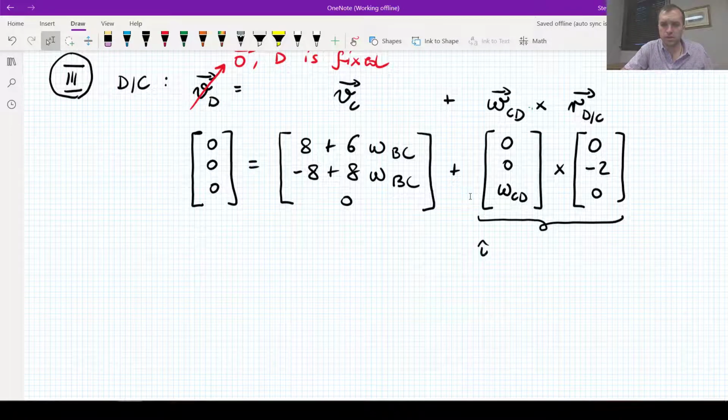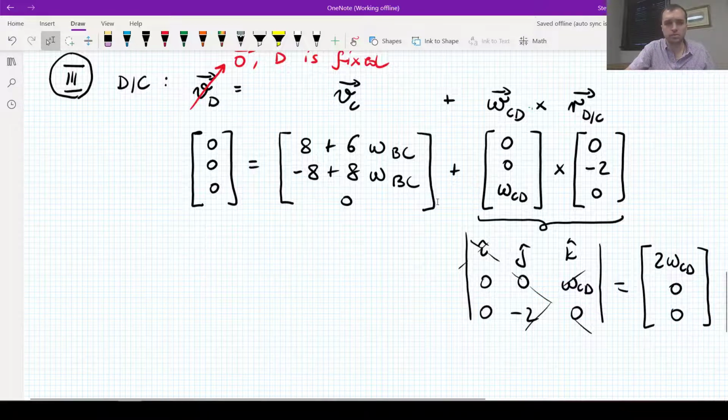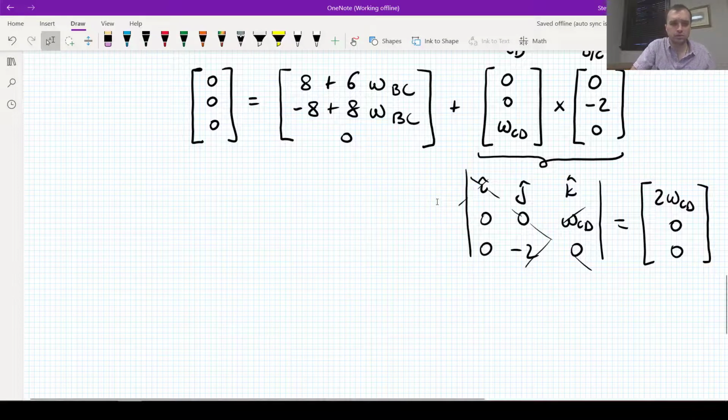This will be ijk 0, 0, omega CD, 0, minus 2, 0. And this is equal to 2 omega CD, 0, 0.